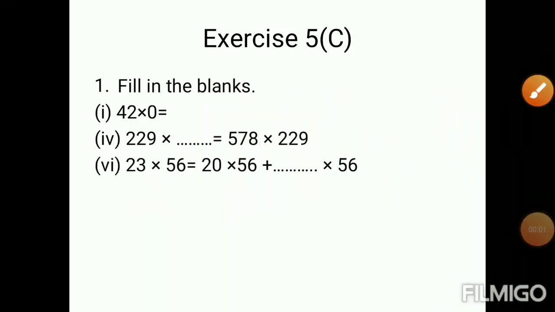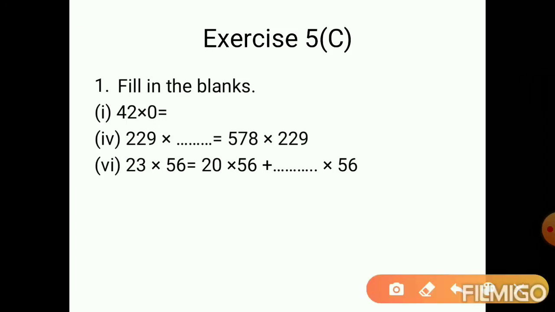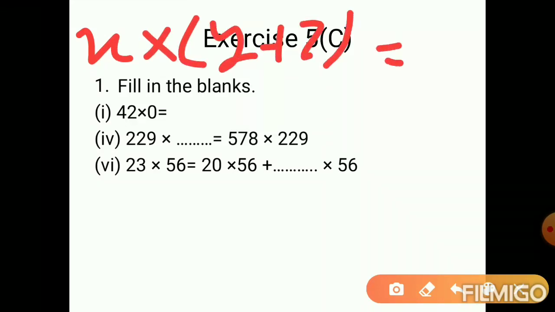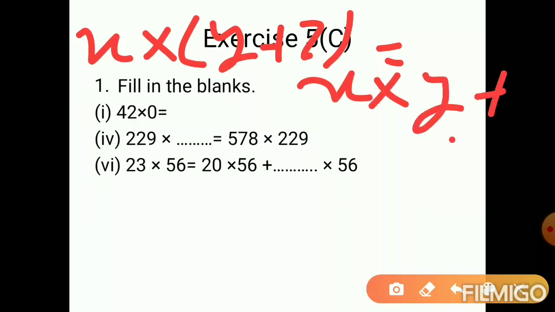My next question is 23 multiplied by 56 equals 20 into 56 plus blank into 56. You need to identify the value of this blank. If you remember the distributive property of multiplication, it says that for any three whole numbers x, y, z, x multiplied by y plus z is equal to x into y plus x into z.